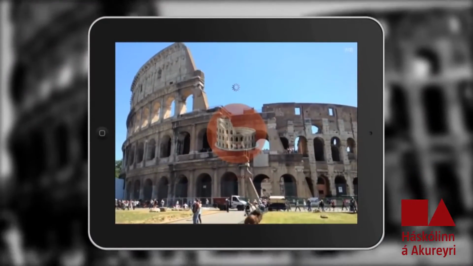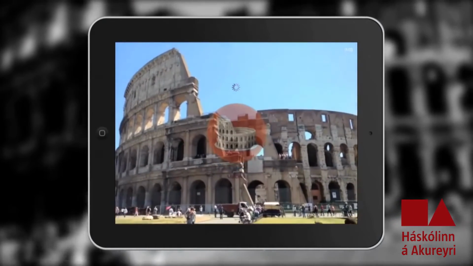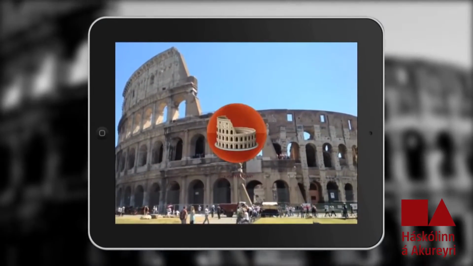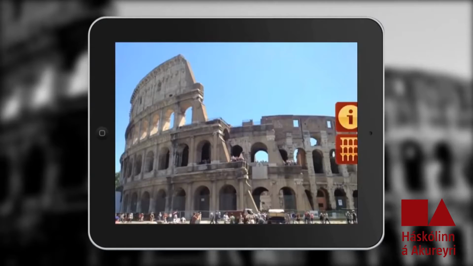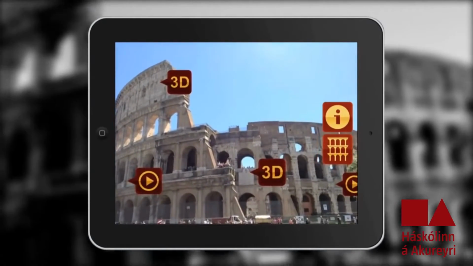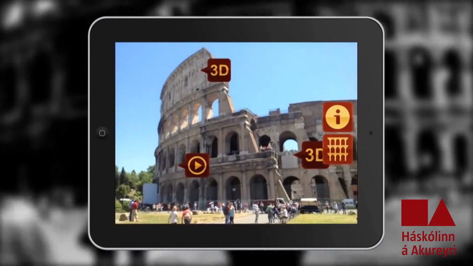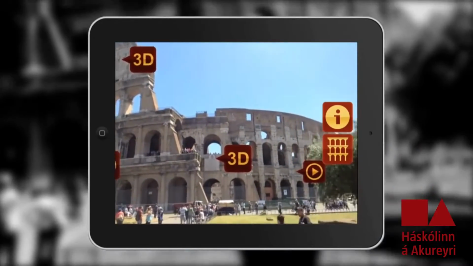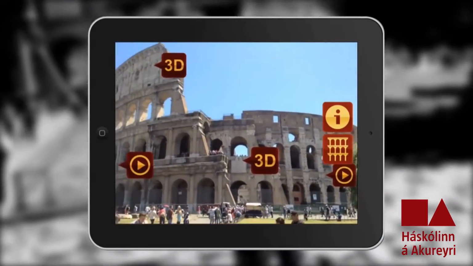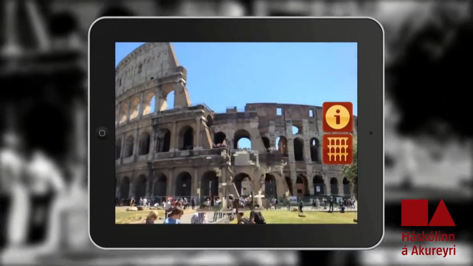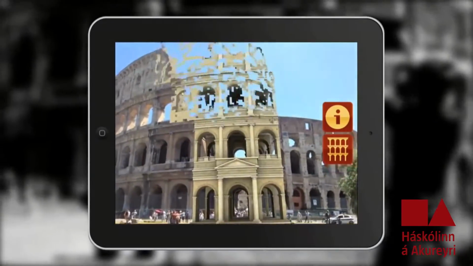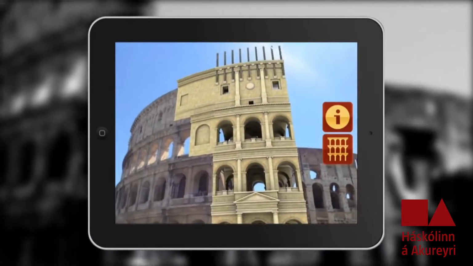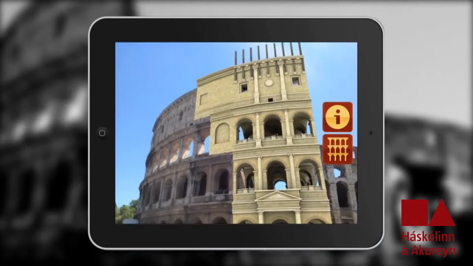And of course, this can be enhanced with a number of apps, different information. You can go with certain apps to different periods. What happened in this century or this century? You can have different interactive options. So this is an example of what we mean, therefore, by an augmented reality application which is location-based.